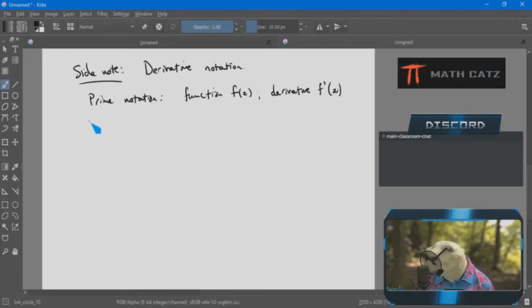We also have what I'll call, I don't know if it's official, it's not official, I'll call it little d notation. Because the derivative is the slope of, let me just call the function here, usually we call the function y in this case, but it can be anything.